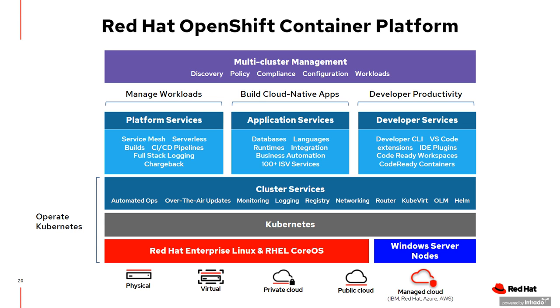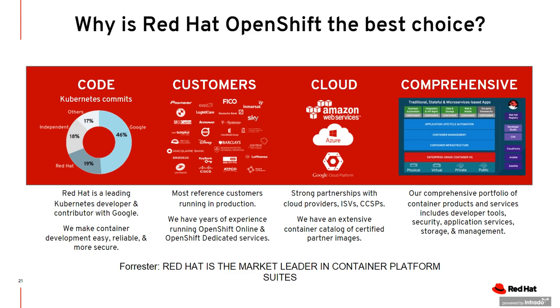For customers, OpenShift is one of the earliest Kubernetes platforms available in the market, and it reached general release very early, in 2015. We have the best experience to support customers running on Kubernetes than any other vendor, and it is a comprehensive portfolio of container products and services, including developer tools, security, application, and services.